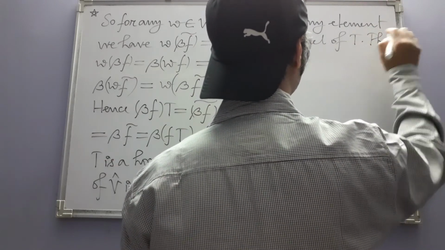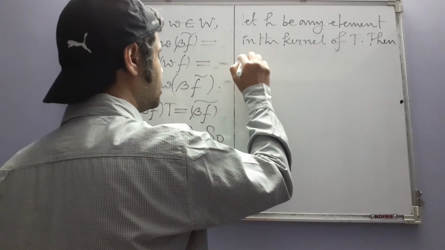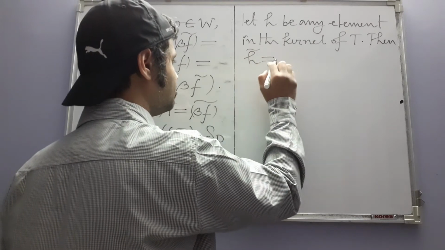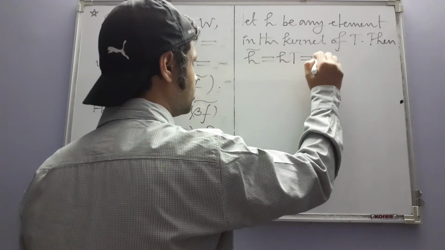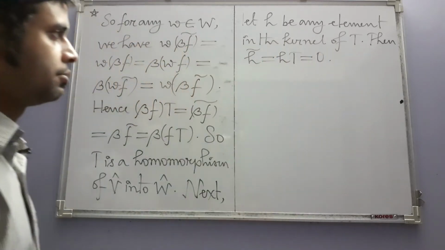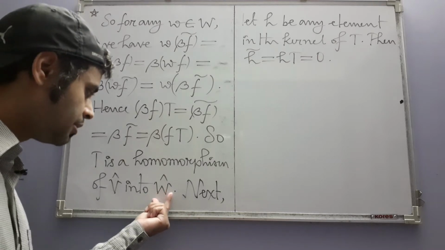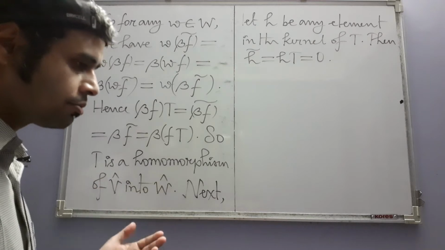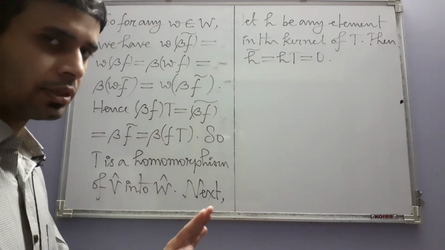Then what does it mean for something to be in the kernel of T? Then ht, which is by definition of T, h~ is equal to 0. What is this 0? This 0 is the 0 element in W hat. In other words, it's the 0 function on W with F valued function.